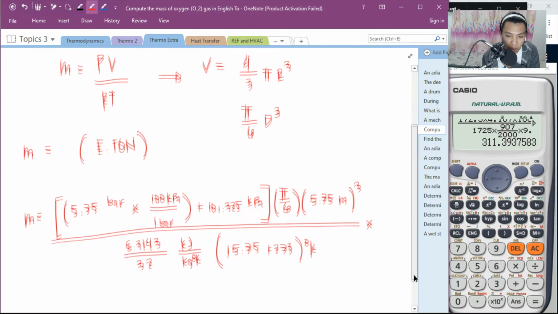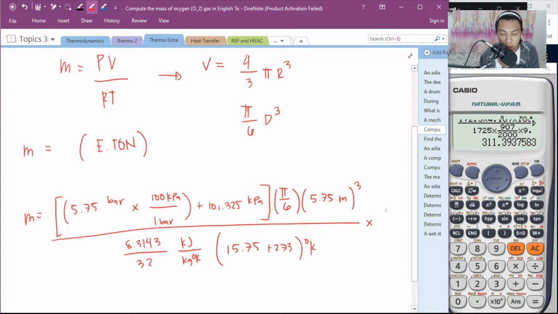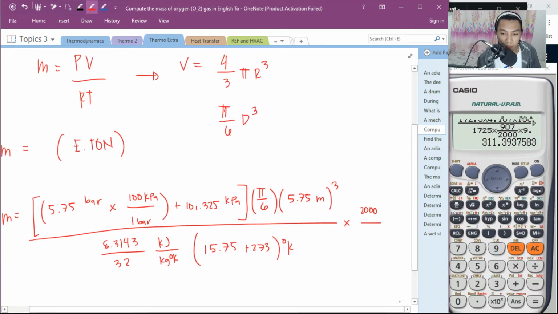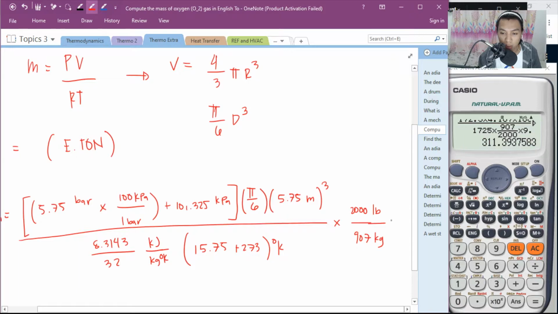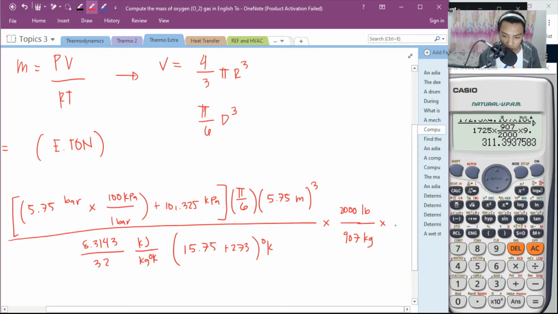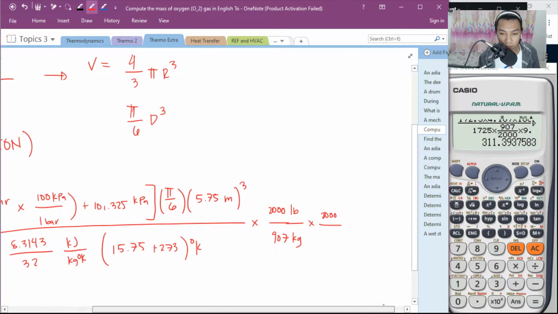Okay? Ang kailangan dito is English ton. O di English ton yan, 1 English ton is 2,000 pounds. 907 kilograms equal yan sa 2,000 pound.